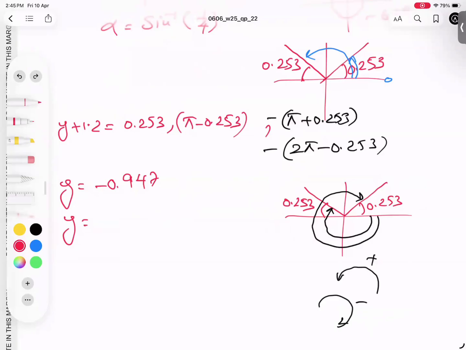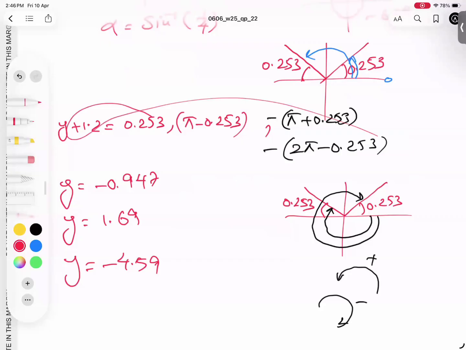So this value and this will subtract: pi minus 0.253 and minus 1.2. My answer turns out to be 1.69. I got the third answer. The third answer is this will go there, and I already have negative pi plus 0.253, and minus 1.2. And I'm getting here negative 4.59.